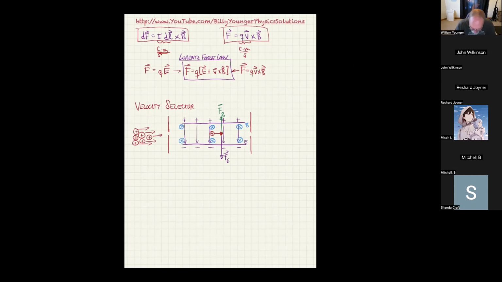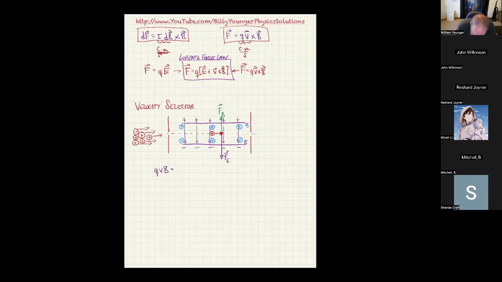So if you want to choose a very specific velocity, you need these two to cancel each other out so that it'll make it not only this far, but you want it to go undeflected through there. So what you need is the magnetic force, which would be Q times V, and notice they're all perpendicular, so I really don't have to use the vectorness of it, QVB.